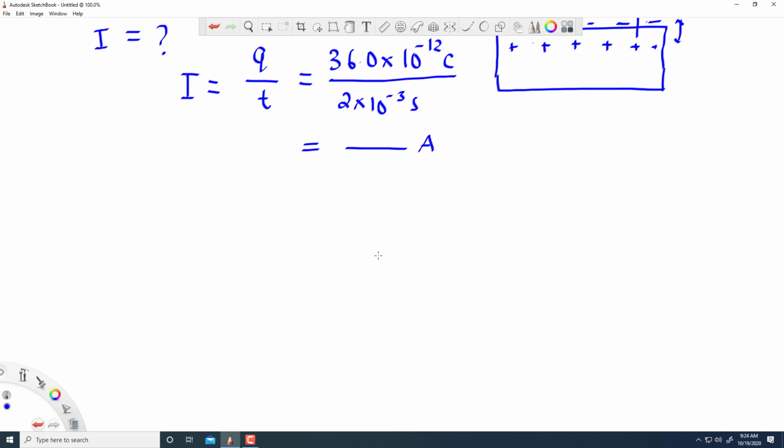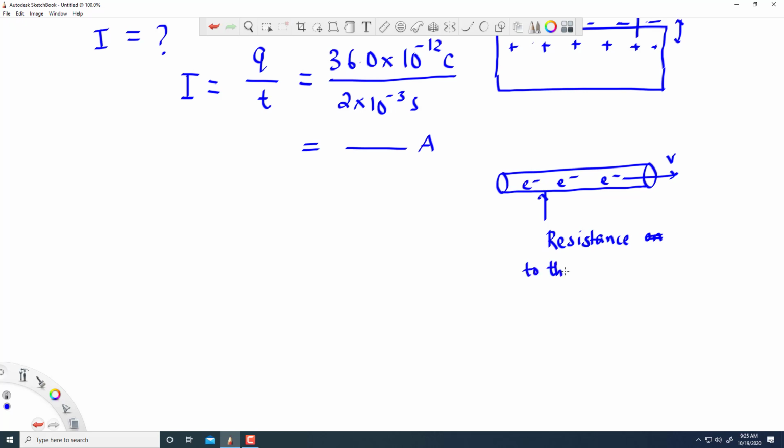Just like that, in conductors also, when the charges flow in a conductor, they feel some kind of resistance, or opposition. So when these are flowing, there is resistance to the current.